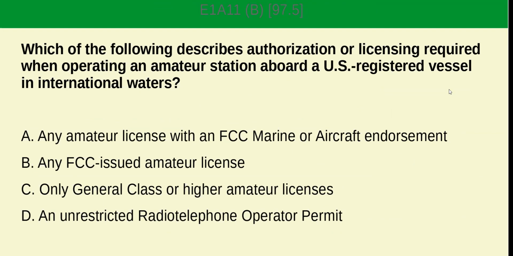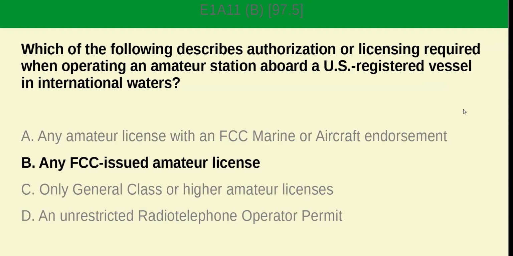Which of the following describes authorization or licensing required when operating an amateur station aboard a U.S. registered vessel in international waters? Now you got to be careful about this one, because there's another question coming up where you would think that's the right answer and it's not.